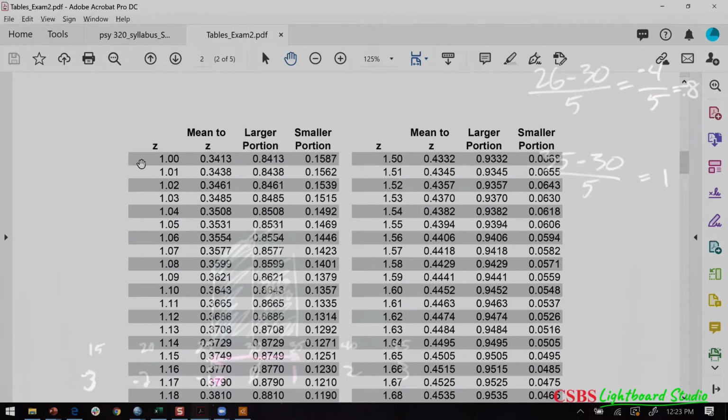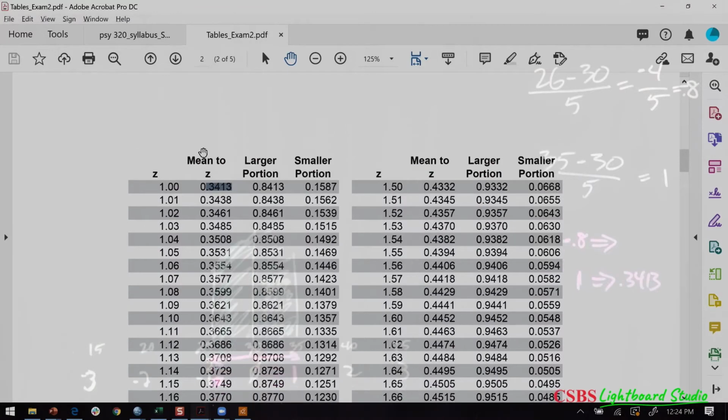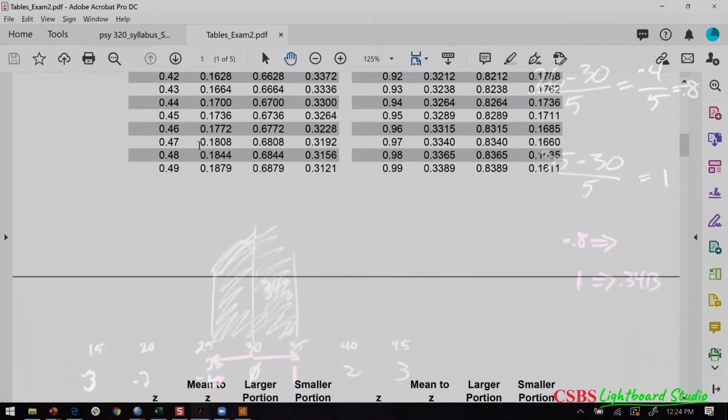So if I look at 1, the area for the mean to z is 0.3413. Okay, so that's good. I'm going to write that down so I don't forget, and we'll see it in a second. So for 1, the area is 0.3413. Okay. For 0.8, the area from the mean to -0.8 is the same thing as the area from the mean to +0.8.